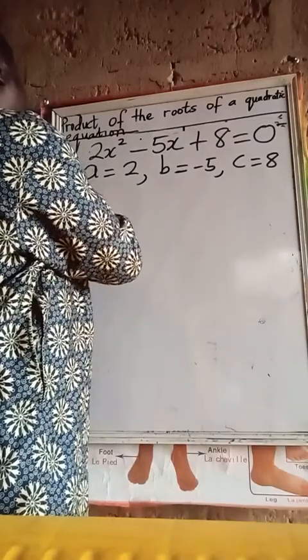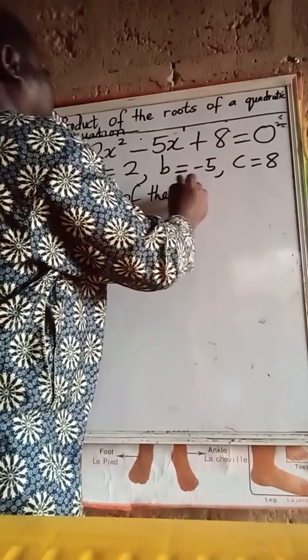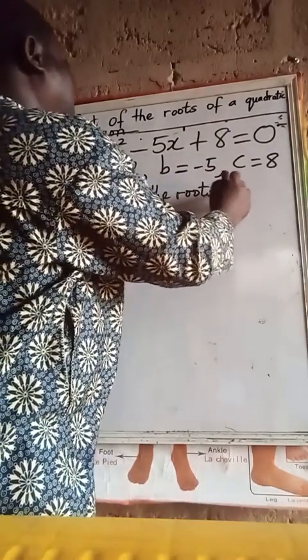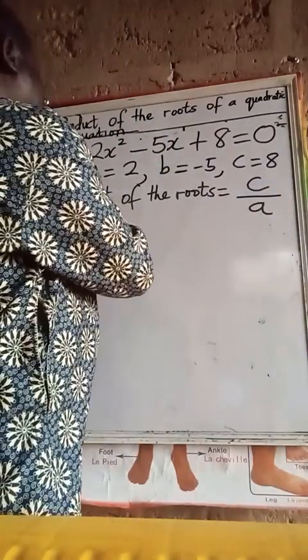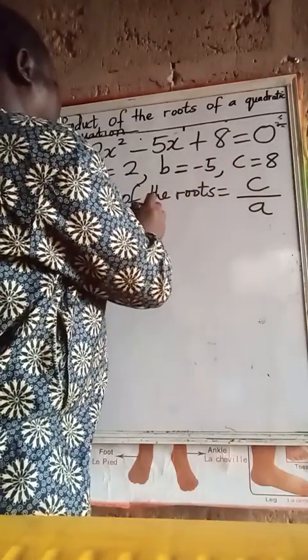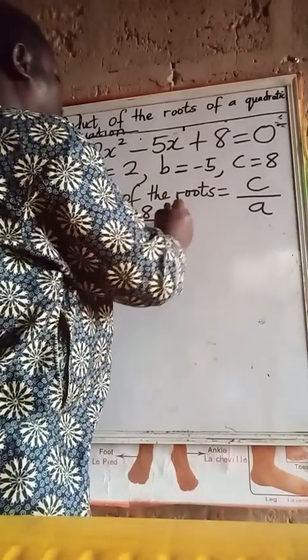Now, according to the formula we have derived now, product of the roots of a quadratic equation is equal to c all over a. C all over a. And c is equal to 8, while a is equal to 2.